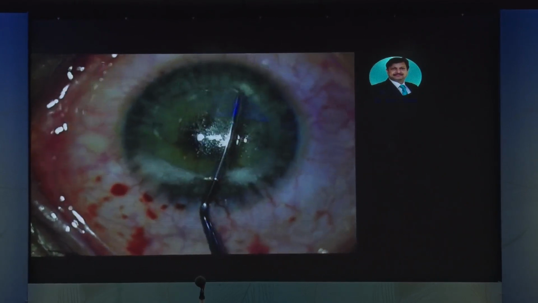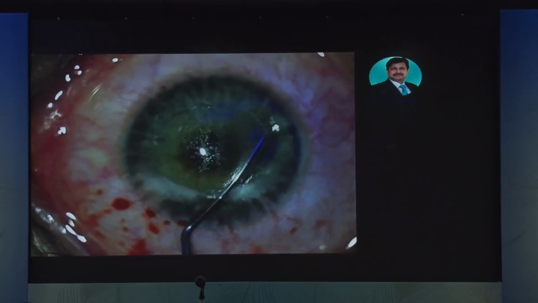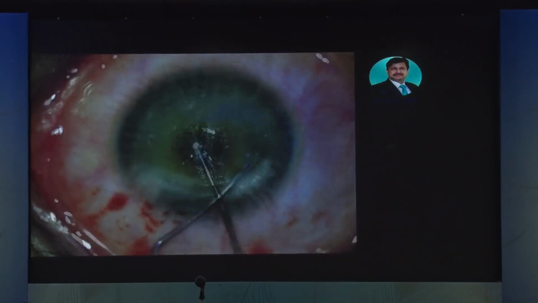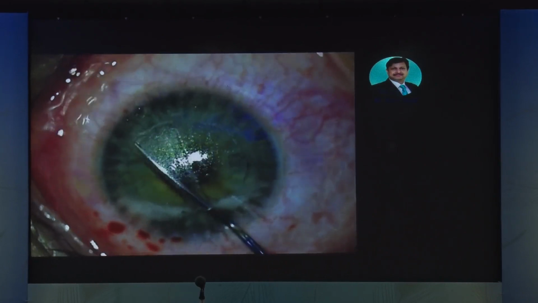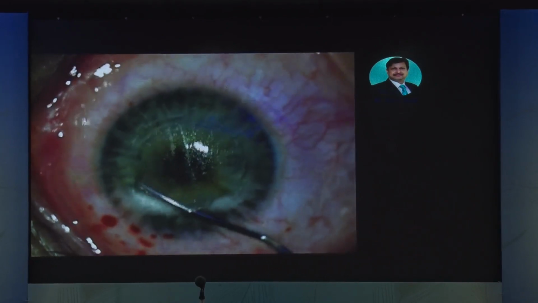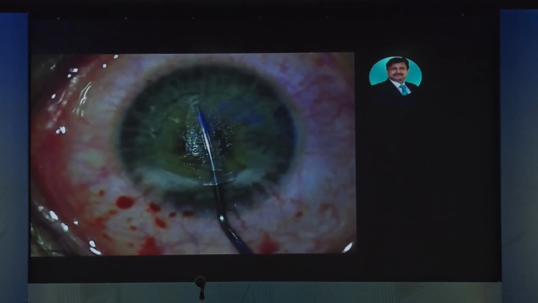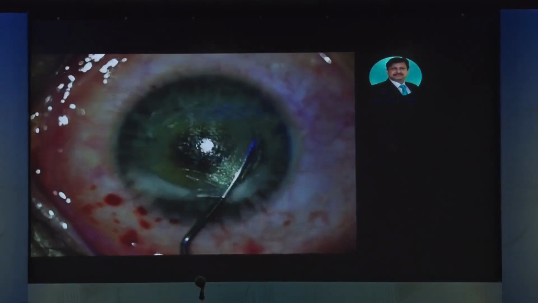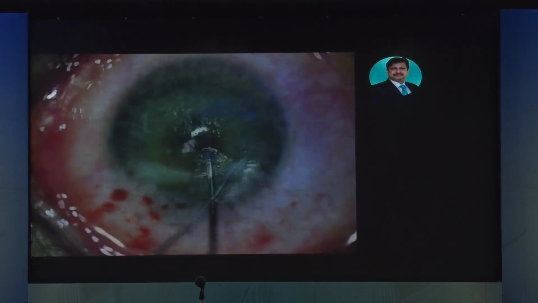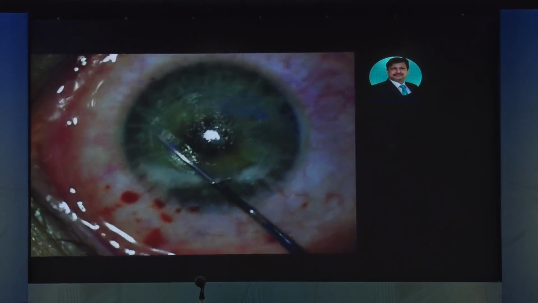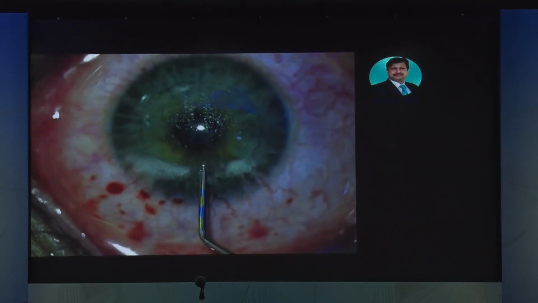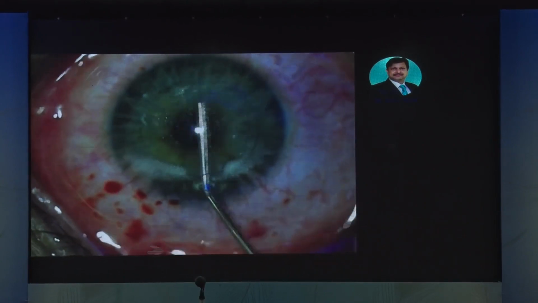But believe me, the separation is so smooth that once the plane is identified, you can easily separate the lenticules. So this is the anchor which I have created. On the left side, roll completely, separate, and then come back, separate, and then do a gentle visco or hydro expression.